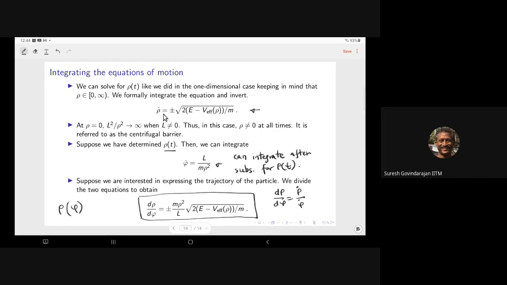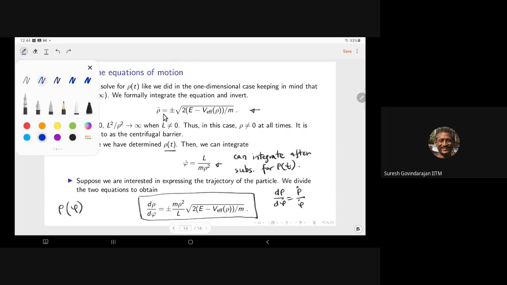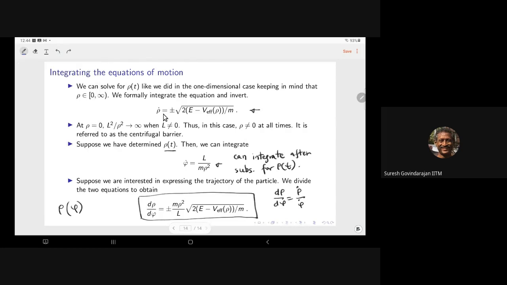So finding constants of motion helps simplify things.